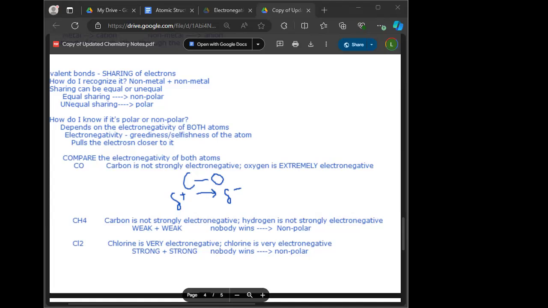Okay. And then let's say that we have two strong electronegative elements. So for example, let's take a look at two chlorines. Okay, well, both of the chlorines are going to be very, very, very strong because both of them are right underneath fluorine.